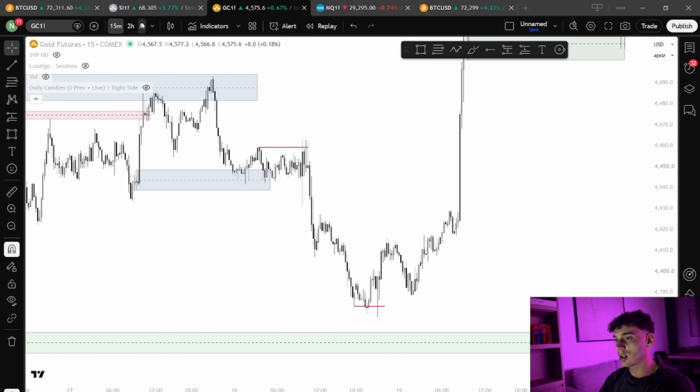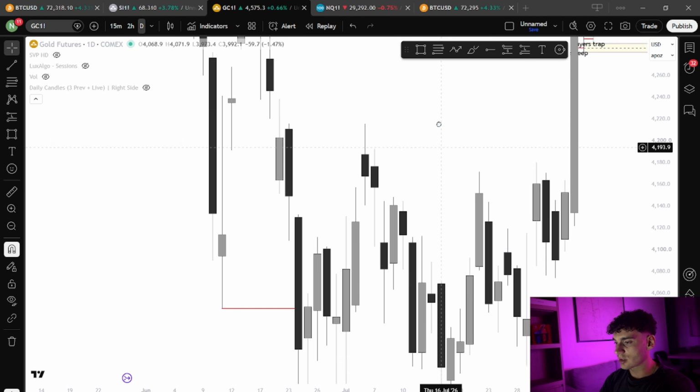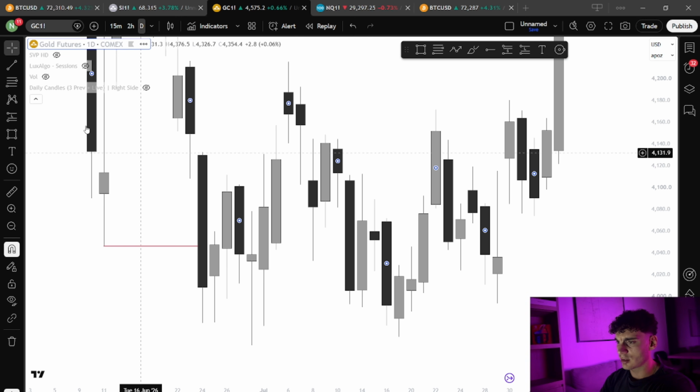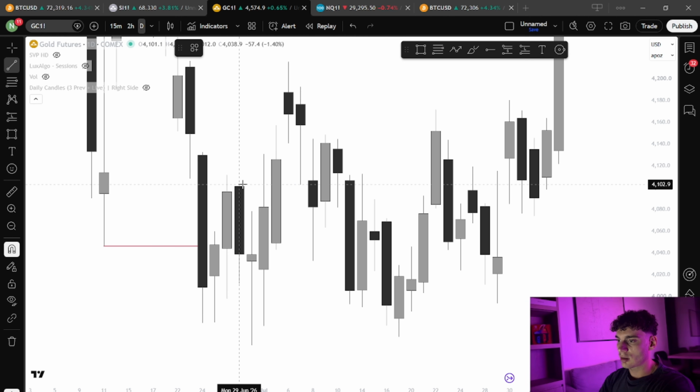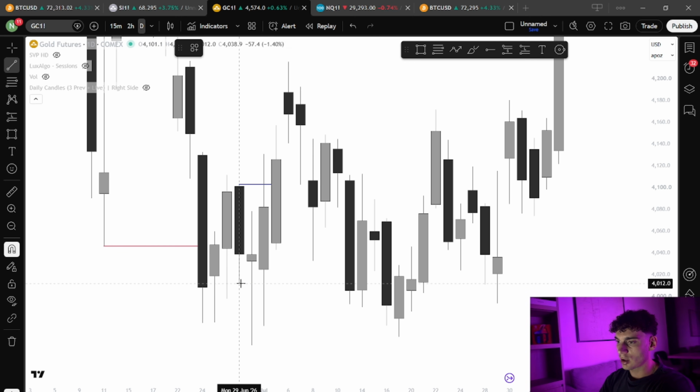You can clearly see how those session levels were acting like a magnet for liquidity. And then if we go to the daily, weekly, and monthly, you can see those examples as well. For example, this one here: we had a high here and a low here. Before this push up, we went down, swept the previous day's low, and then started pushing up.